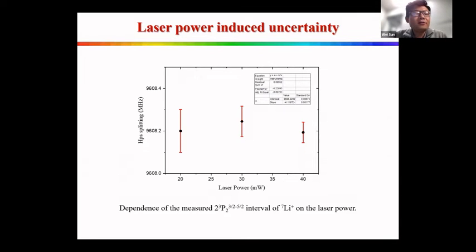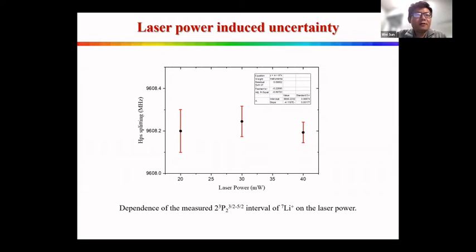So the angular velocity distribution of the ions may cause a power-dependent asymmetry and a shift in the line center. Thus, a series of measurements were conducted with laser power ranging from 20 to 40 milliwatts.